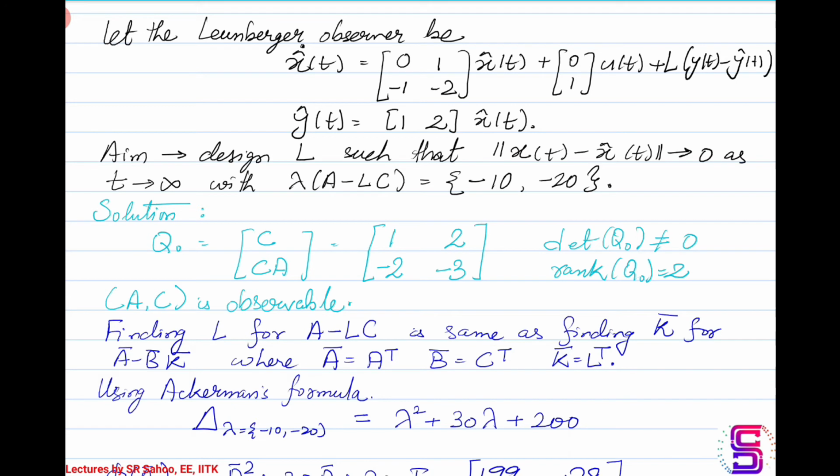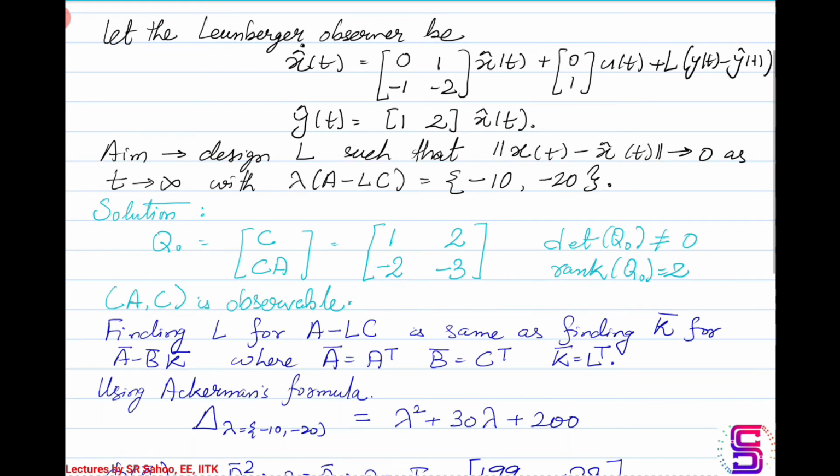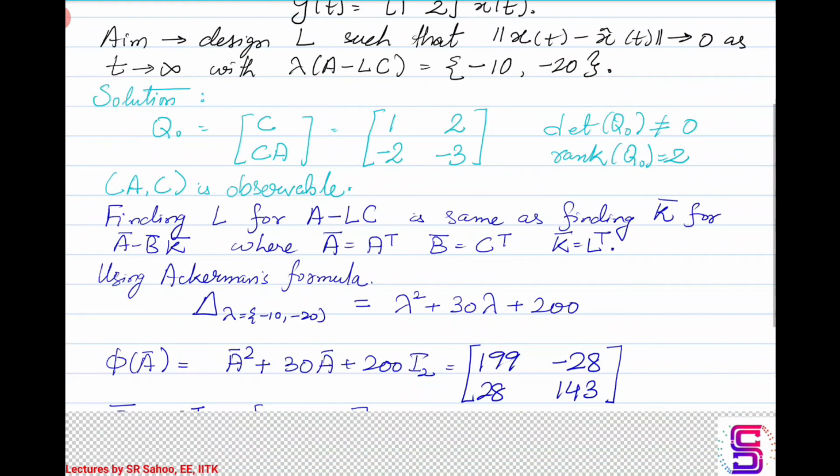As discussed earlier, finding the gain matrix L for A minus LC is the same as finding a gain matrix K bar for the dual system of the form A bar minus B bar K bar, where A bar is the transpose of A, B bar is the transpose of C, and K bar is the transpose of L. So we just have to find K bar such that the eigenvalues of A bar minus B bar K bar are at minus 10 and minus 20.